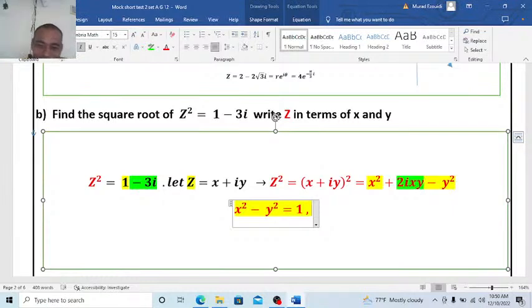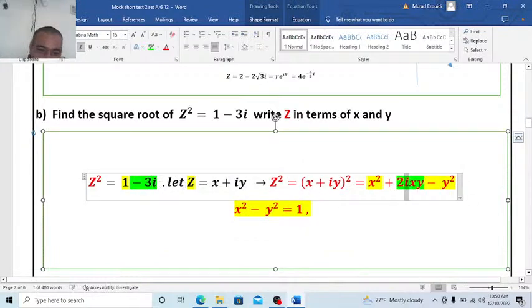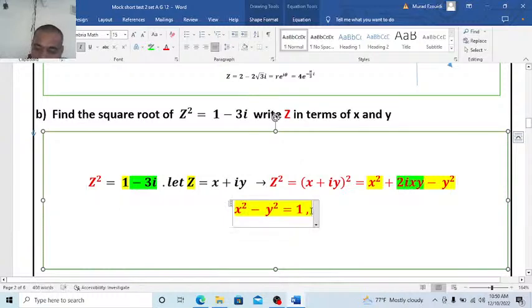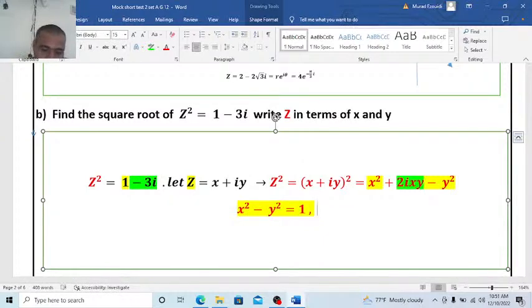So equal 1, and at the same time you will write 2. You can cancel this i because here there is an i, so you are going to equate only the imaginary part, which is 2xy equal to negative 3. I will write therefore 2xy.